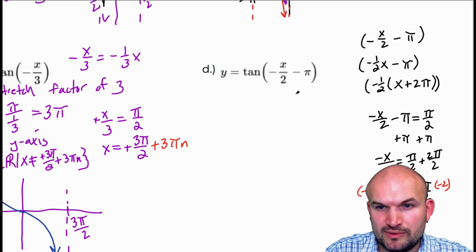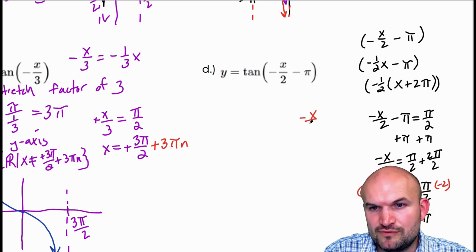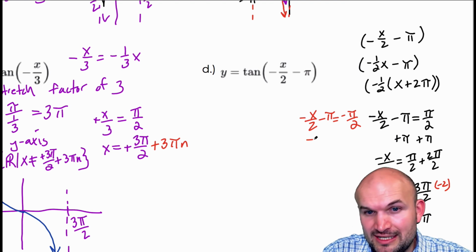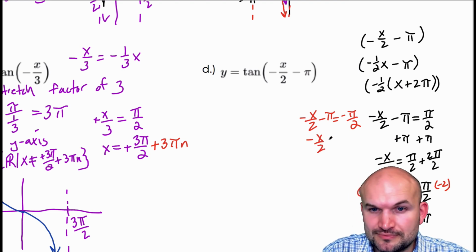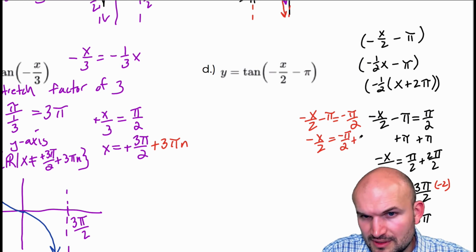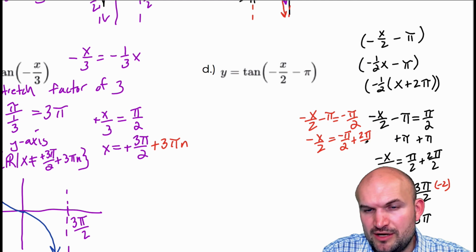But let's just do it the other way. Let's take negative x over 2 minus pi is equal to negative pi halves. And we'll look at this one on Desmos. When I go and add this one, I get negative x over 2 is equal to negative pi halves plus 2 pi over 2.